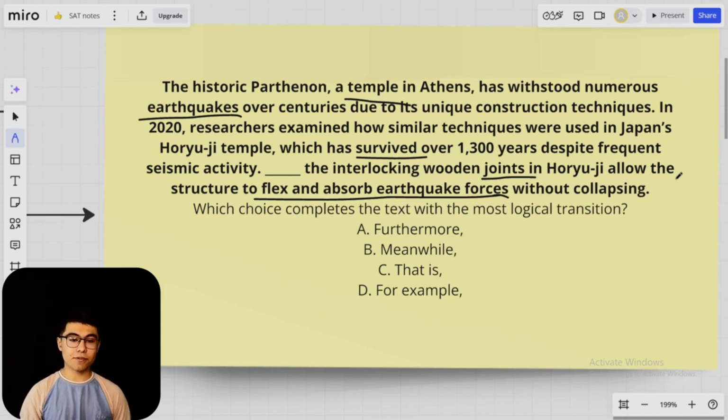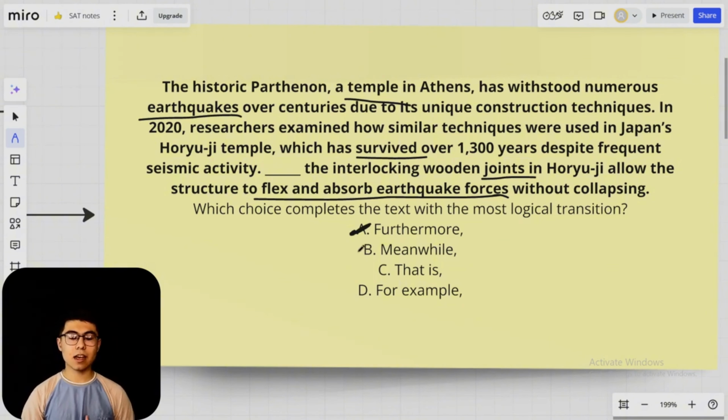Choice A, furthermore. It adds a new and additional point, but this is not just an extra detail. It explains something very specific, so we can eliminate this choice. Meanwhile suggests two things happening at the same time. But this isn't a timeline comparison, so we can eliminate this choice as well.